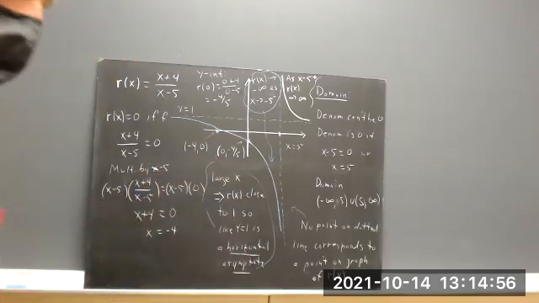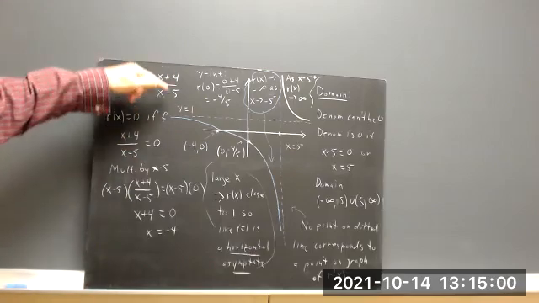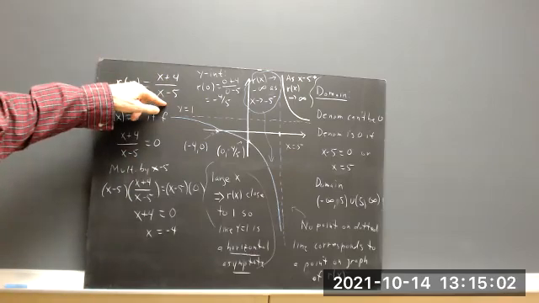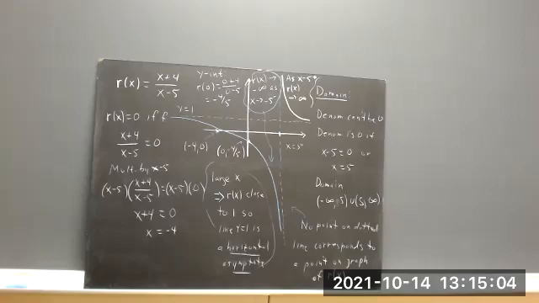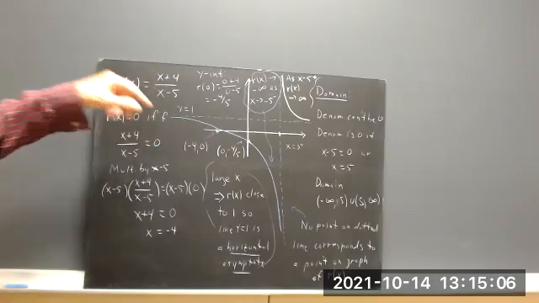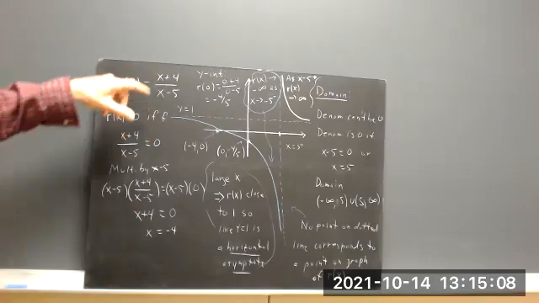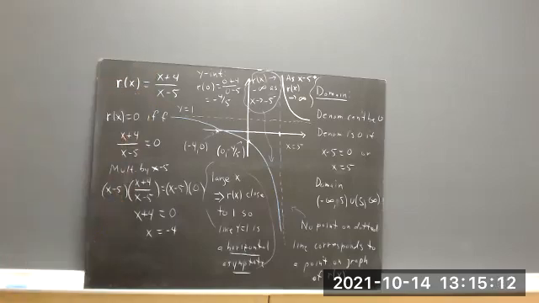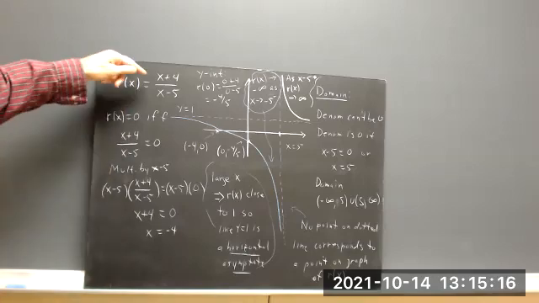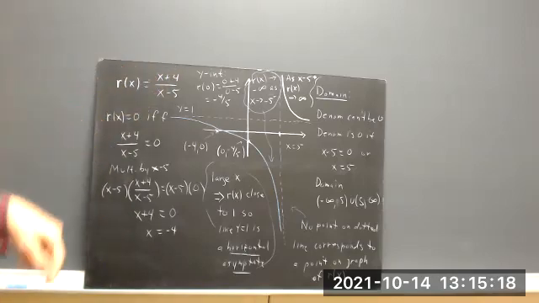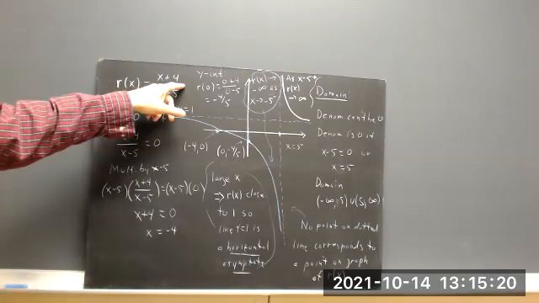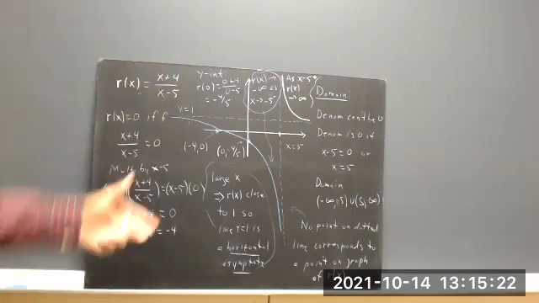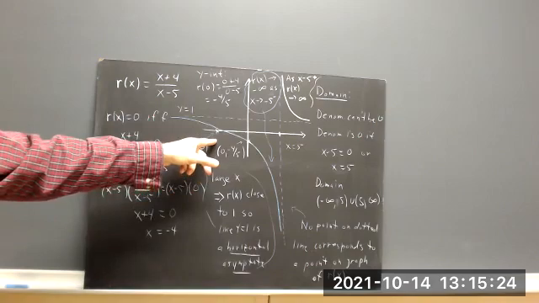In general, a rational function has a polynomial on top and a polynomial on the bottom. This is a linear function divided by a linear function. You can easily find the zeros of any linear function. The zero of the numerator is going to make the whole fraction 0, so that's going to give you an x-intercept.